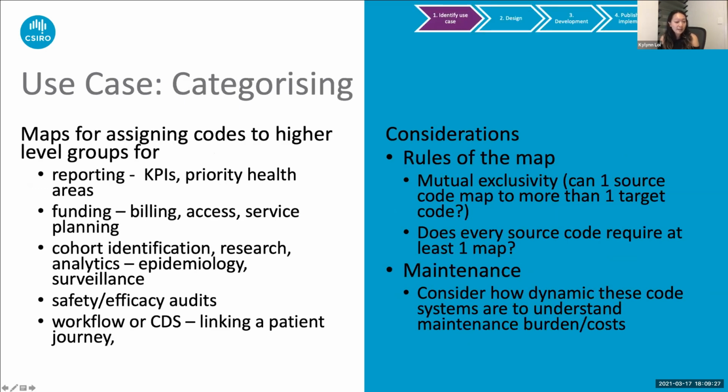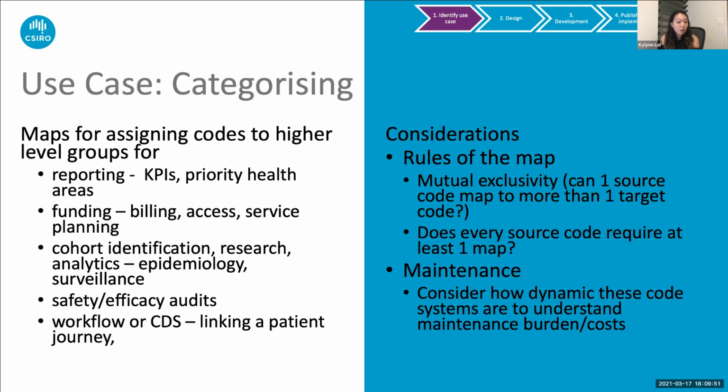The last use case that I've got is categorizing. These are maps for assigning codes to higher level groups, perhaps for reporting, for funding, for cohort identification, research and analytics, perhaps for safety and efficacy audits, or workflow or clinical decision support linked in a patient journey. Some of the considerations of these maps might be the rules of the map.